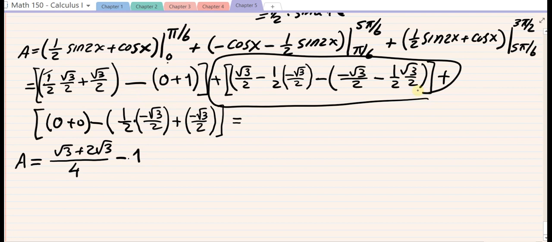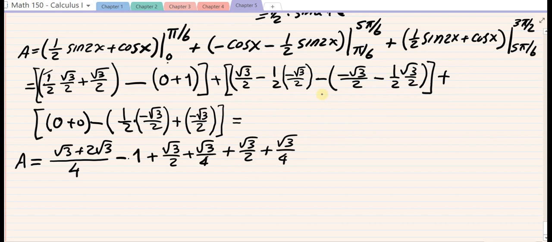Now, in this part, I can combine, this is going to be plus root 3 divided by 2 plus root 3 divided by 4. Plus distribute the sign, root 3 divided by 2 plus root 3 divided by 4. And there you go, that one is done. Plus the last set of brackets, this one.